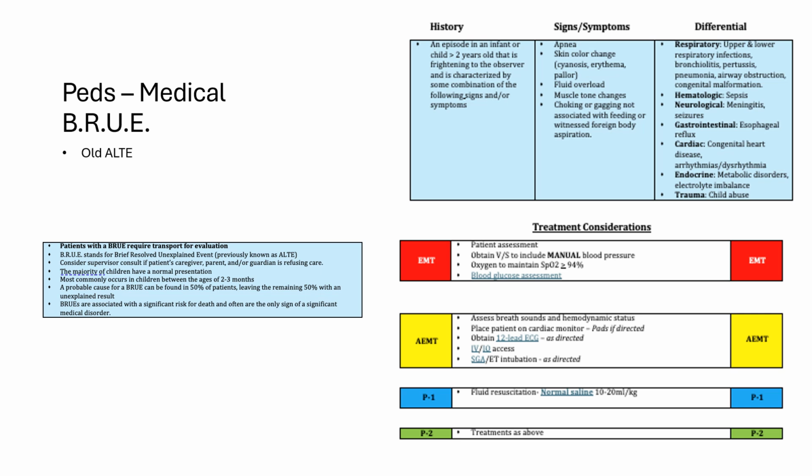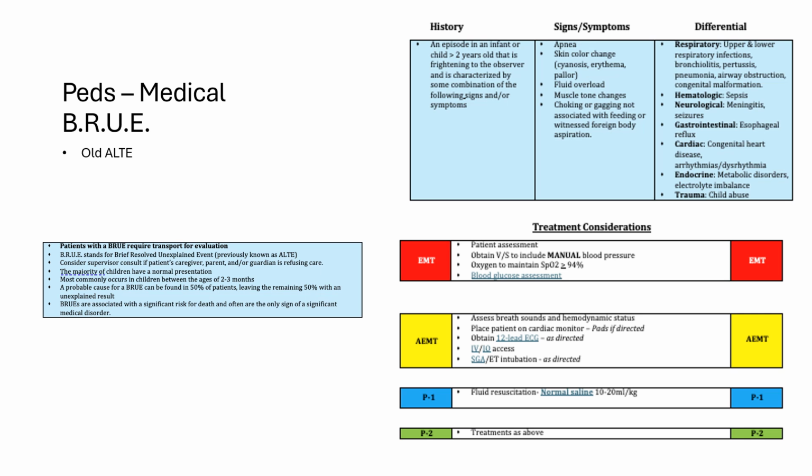Who's heard of this? BRUE, brief resolved unexplained event. It used to be ALTE. Who's heard of ALTE? Apparent life-threatening event. That's what it used to be. So BRUE is basically, you can read about it over here and it tells you exactly what it is. Somebody witnessed something go wrong with their kid.